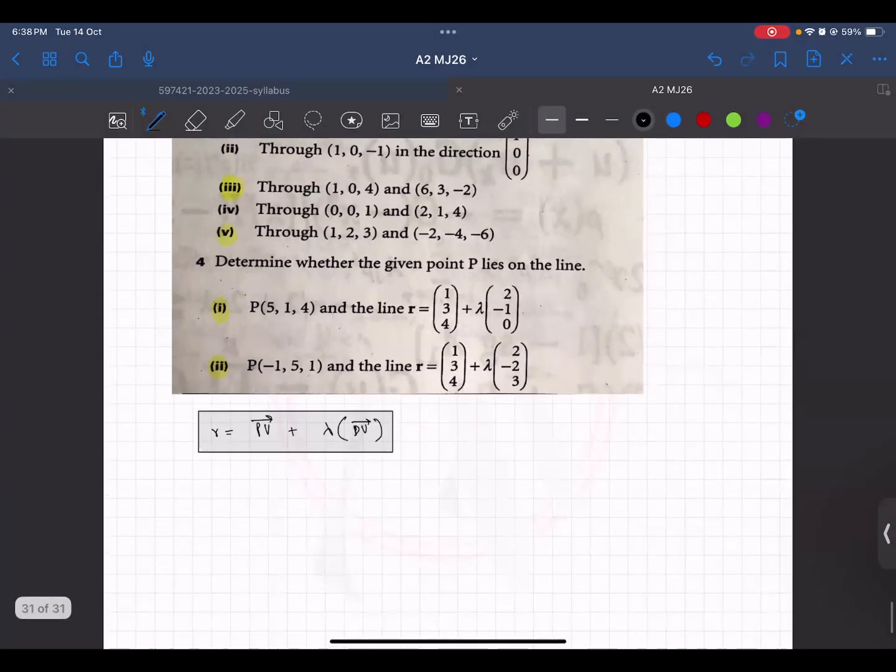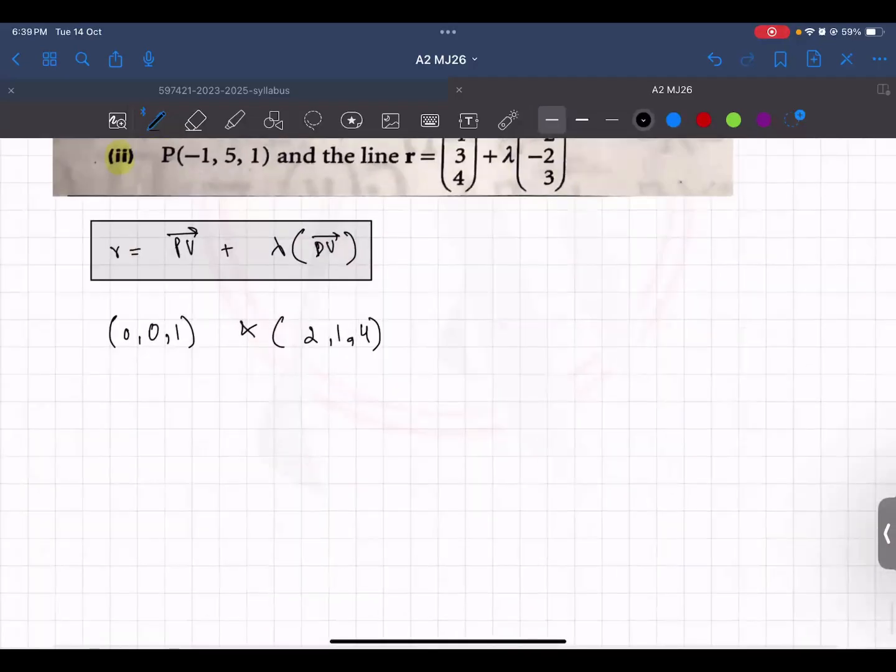And we'll do another example: 0, 0, 1, and you have 2, 1, 4. How do we find the equation joining these two 3D points? So the position vector is any one of the points, relative to the origin.